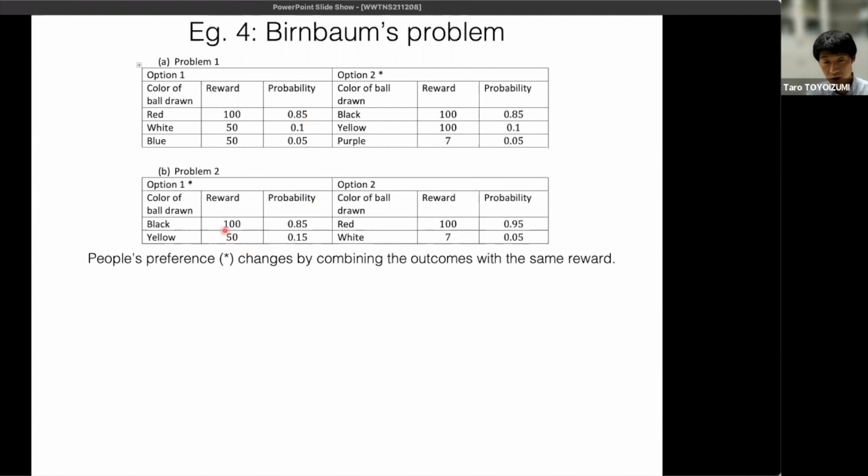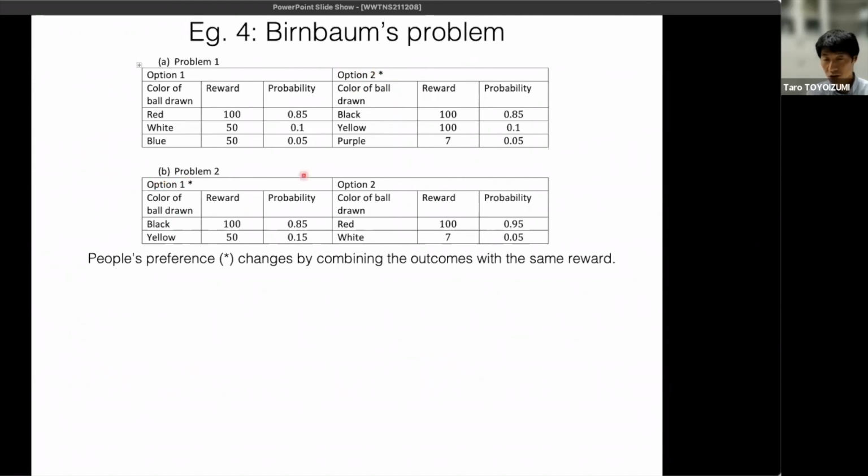So the same reward outcome is combined here. The same here. There are two 100 entries, but they are combined, and the probabilities for these two are summed up into 95%. So by definition, the prospect theory and its variants cannot account for the empirical fact that people choose option two for problem one and option one for problem two.